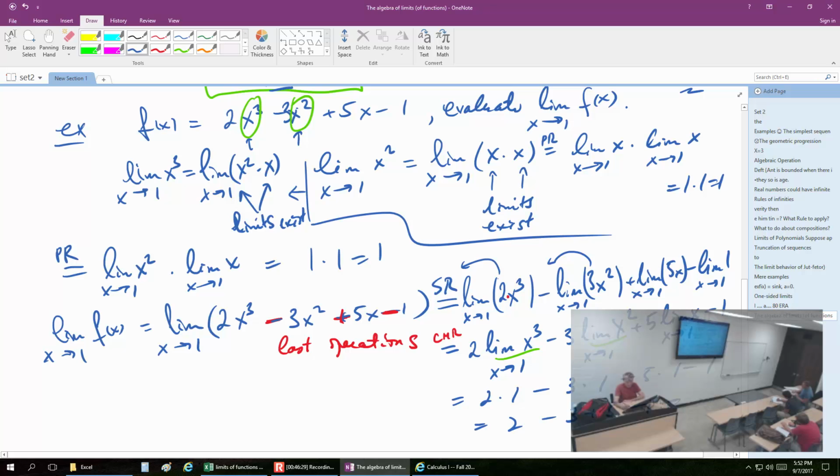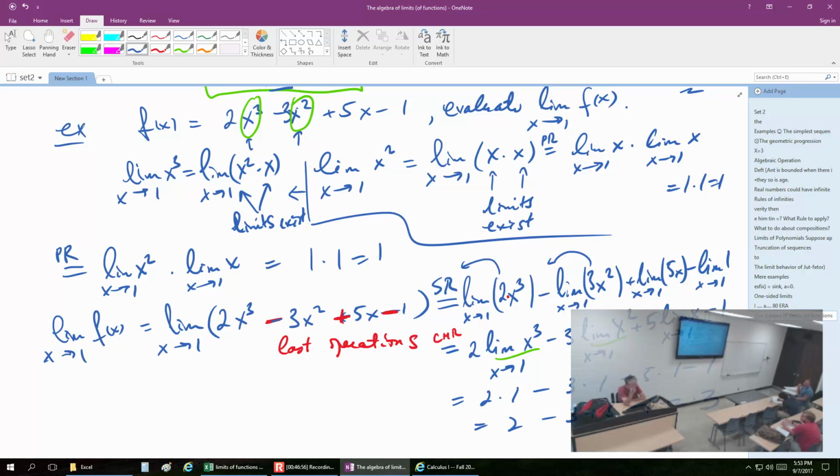What is it? 3? Right? Okay, so this is the basic task that you might be asked to do when you compute a limit.